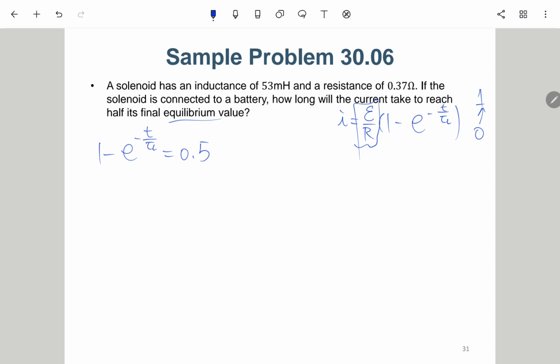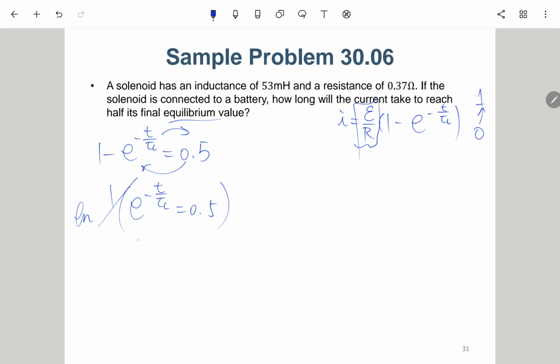We can move terms around, so we have exponential to negative t over tau L equals 0.5. Then we take the reciprocal of both sides, and take the natural log of both sides.